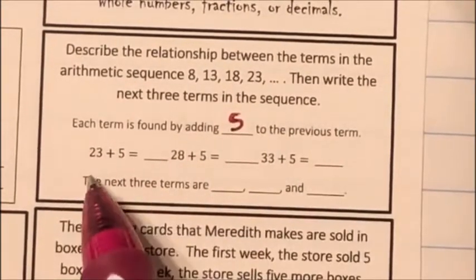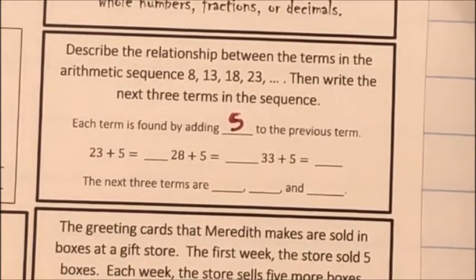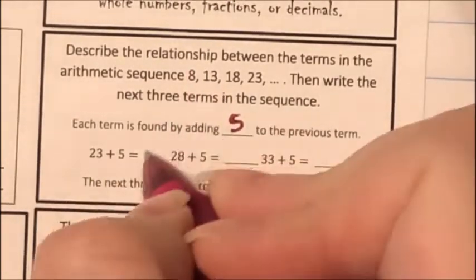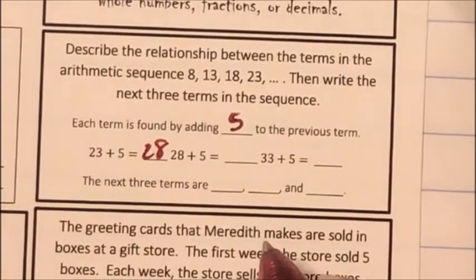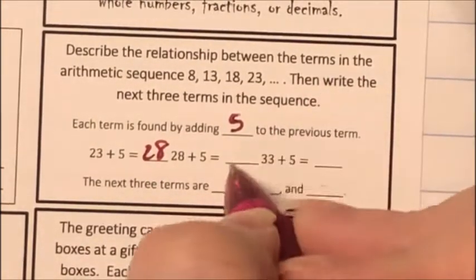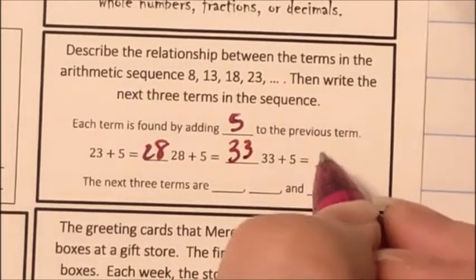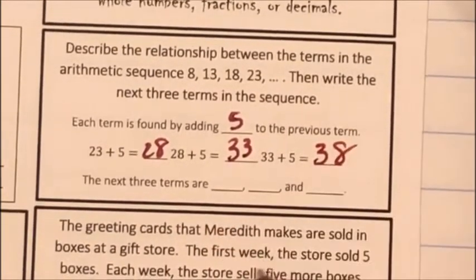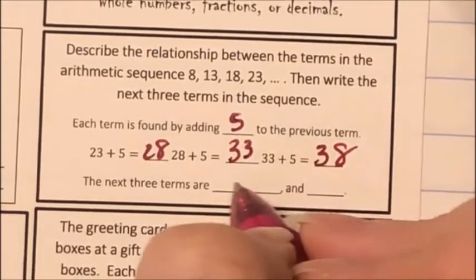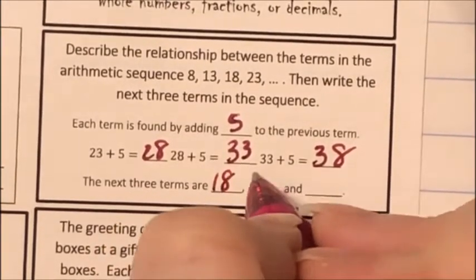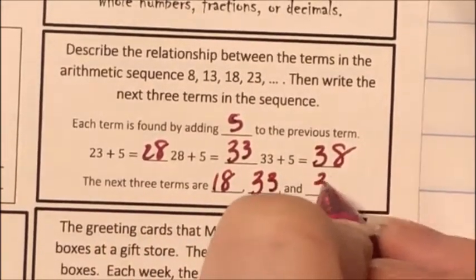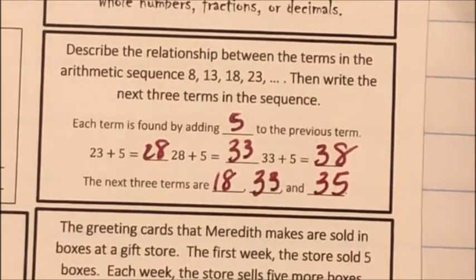Okay, so 23 plus 5 gives me 28. 28 plus 5 gives me 33. 33 plus 5 gives me 38. So my next 3 terms are 28, 33, and 38. Okay.